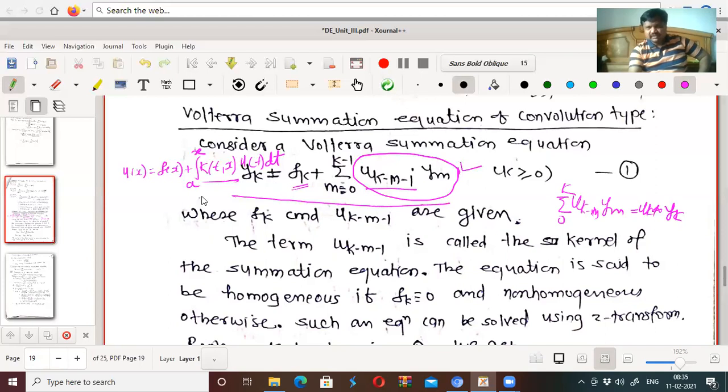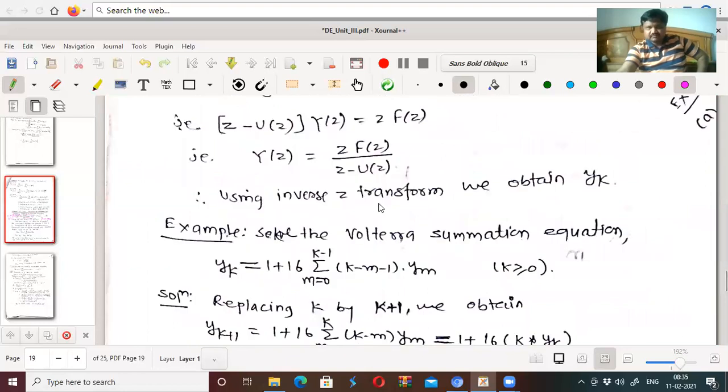After that, we take the z transform on both sides and use the condition y 0 equal to f 0. By putting k equal to 0 here, this term becomes 0. So y 0 equal to f 0. That is the case.